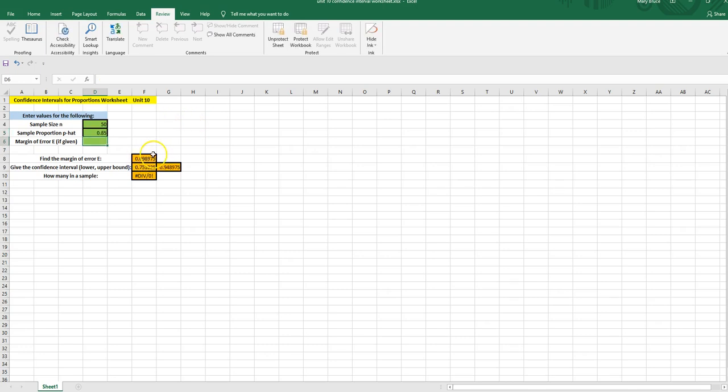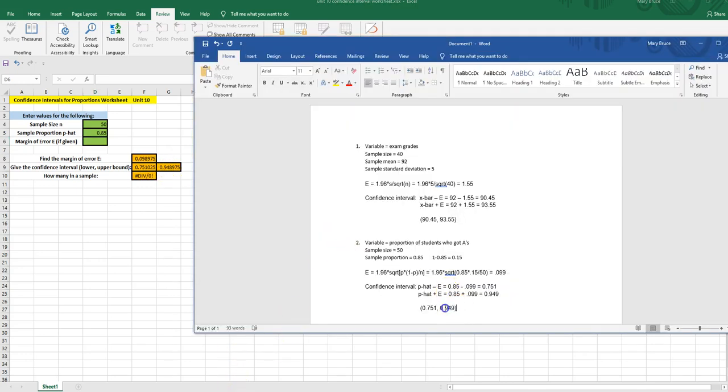And notice the worksheet did the calculations for you. Here's your margin of error. Remember, we had gotten 0.099 when we rounded it. And here was our confidence interval, 0.751 roughly, lower bound, to 0.949 upper bound. And remember, that's what we had gotten when we did it by hand with the calculator.